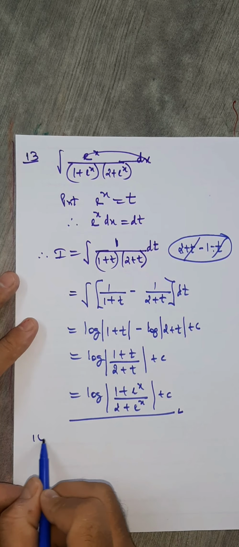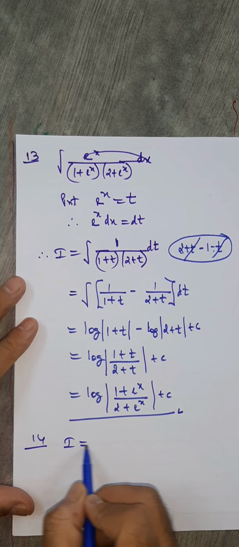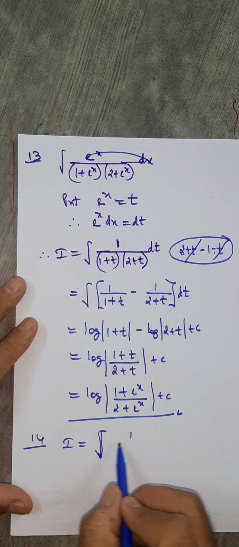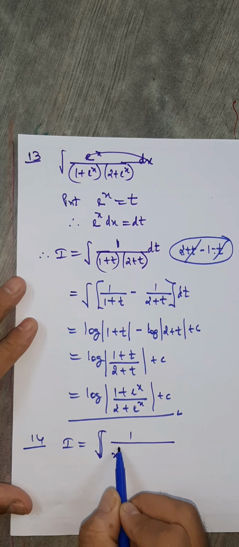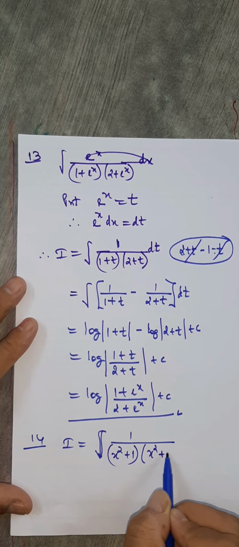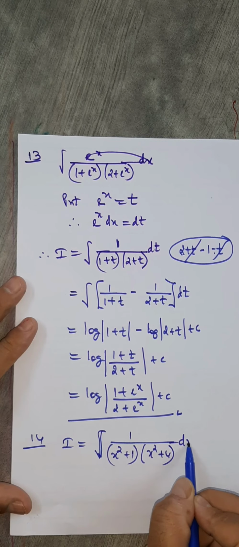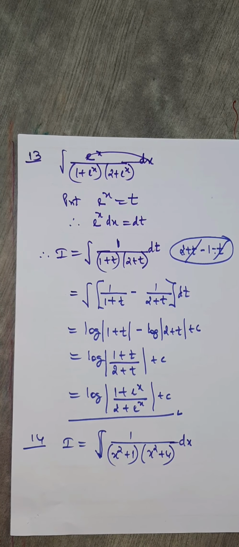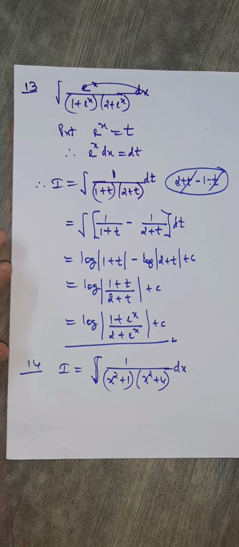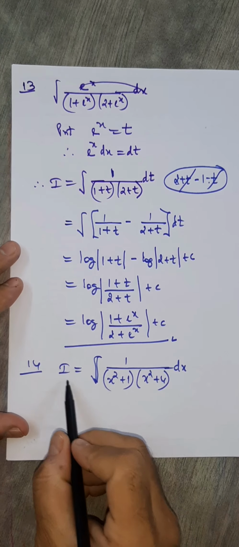Number 14. I equals integral of 1 upon (x square plus 1) into (x square plus 4). Question number 14.